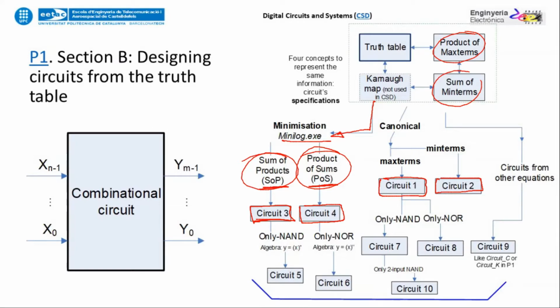That's a way to get 4 different circuits. Apart from that, you can imagine that later you can mix any kind of equation. That is always possible. There is no need to have a perfect sum of products or a perfect product of sums. You can mix them all, and essentially you can get any circuit, like the circuit C that was given to you at the very beginning to analyze.